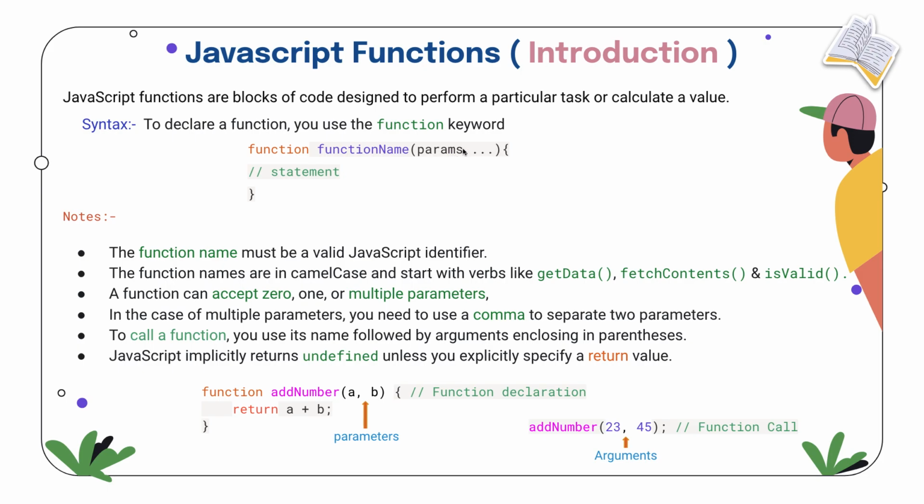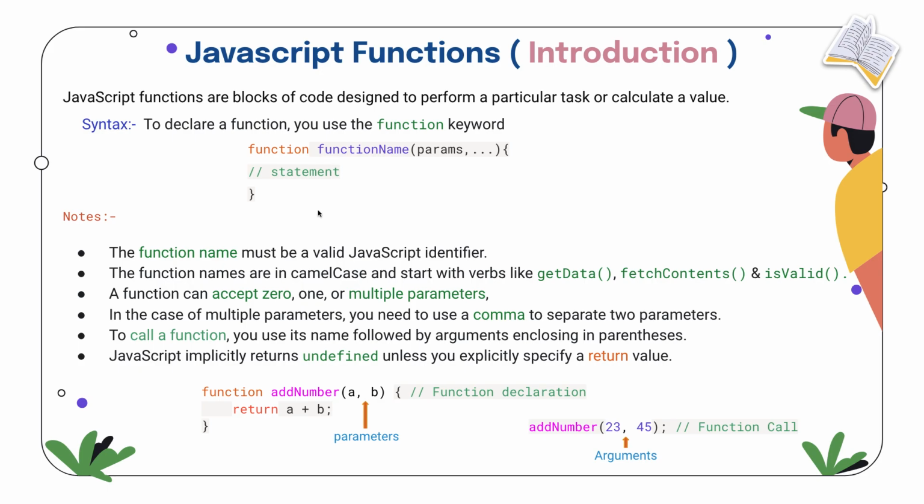Inside that we can write all the parameters, comma separated if there are multiple parameters, right? And then a curly bracket, and all the statements will be included inside the curly bracket. So this is the syntax to declare functions. We can declare the function using this syntax.